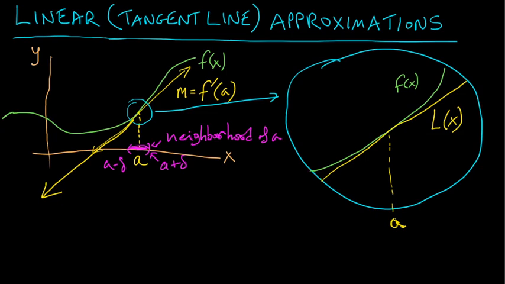If x is, let's say, this number here, let's call it c, this is f of c, and way down here is L of c, and they're pretty far apart. One's positive, one is negative, and they're not even close. So the further away you get from x equals a, the worse the approximation is.